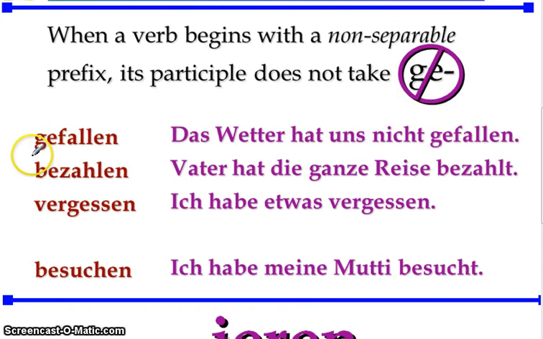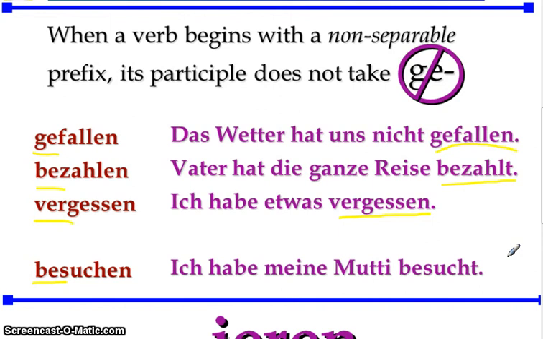So here's some more examples. Gefallen, bezahlen, vergessen, and there's besuchen again. So once again, you do not put an extra ge in front of gefallen. This one is irregular, so you'll notice this is not gefallt, it is gefallen. Bezahlen, bezahlt. Vergessen is an exception to the rule.